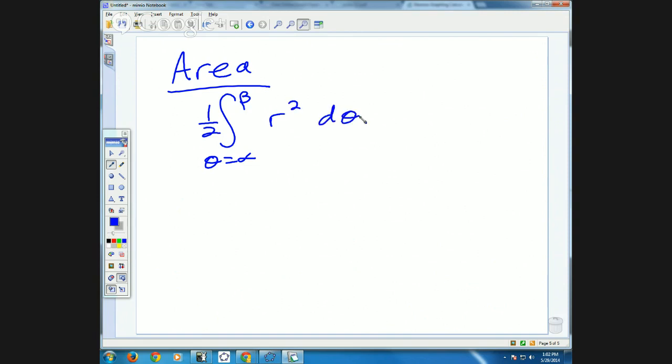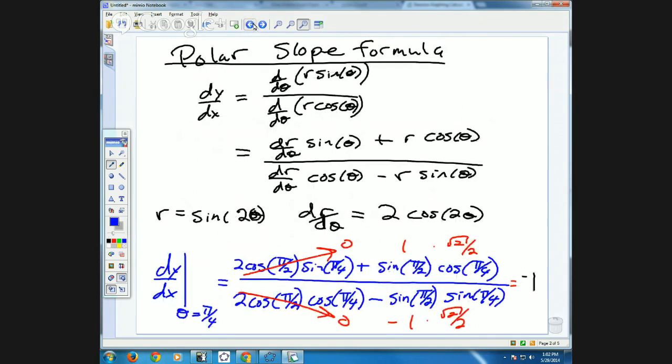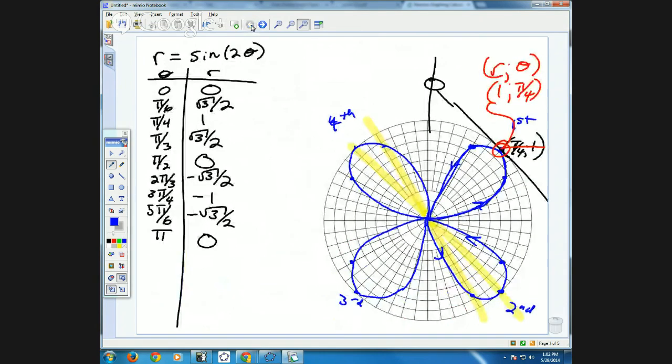All right, so here comes the fun. What should alpha and beta be for our boundaries? We could go 0 to 2 pi. That would give us all 4 leaves, because 0 to pi/2 gave us 1 leaf, pi/2 to pi gave us the second leaf, and so on.